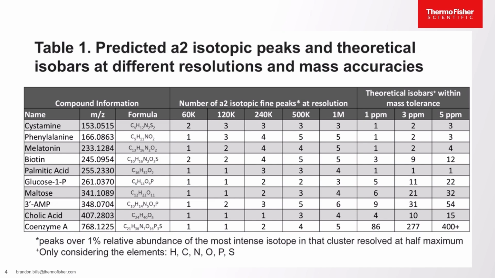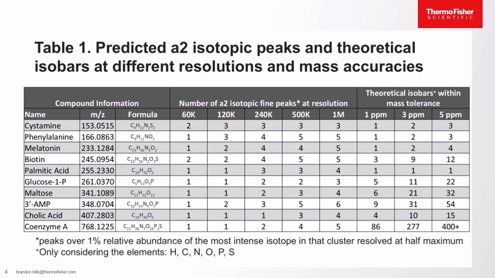And typically we try to resolve that using the isotopic fine peaks. These are the peaks for those heteroatoms that can be distinguished at a high enough resolution. Now, in the middle of the chart, we see the number of isotopic fine peaks we get in the A2 isotopic fine peaks. That's 2 neutrons throughout the molecule.